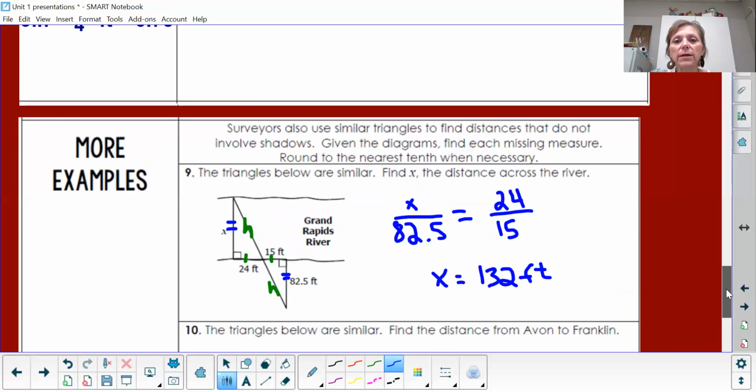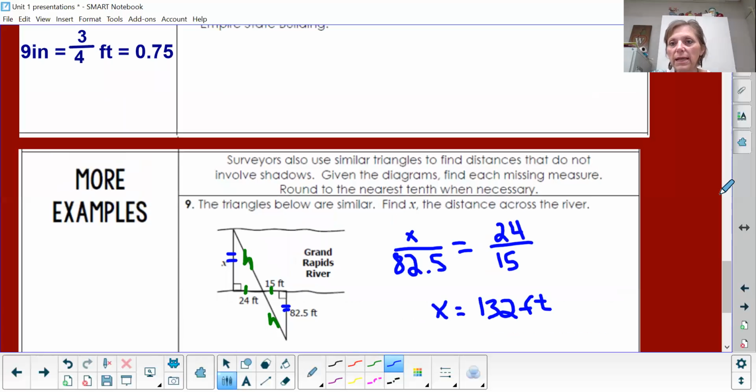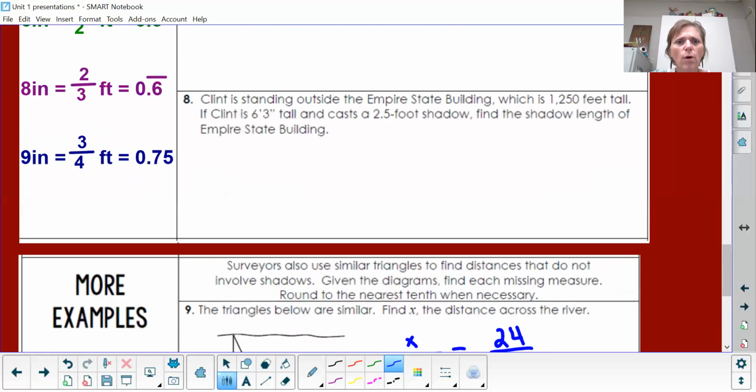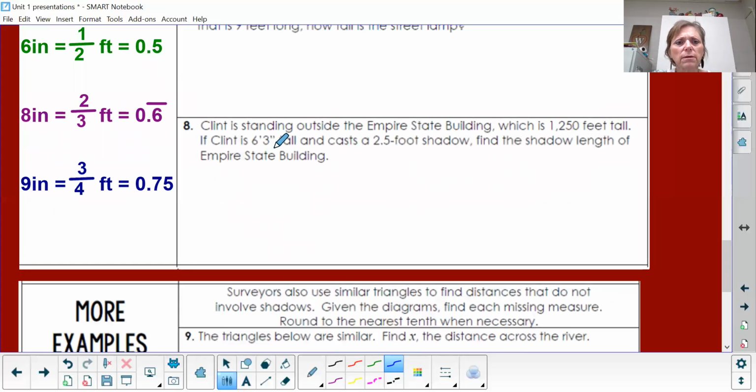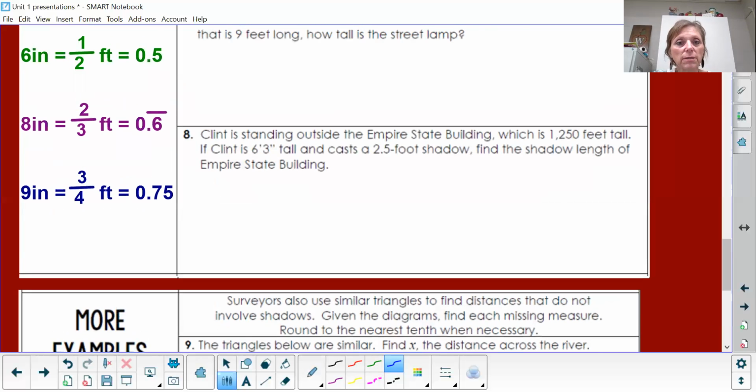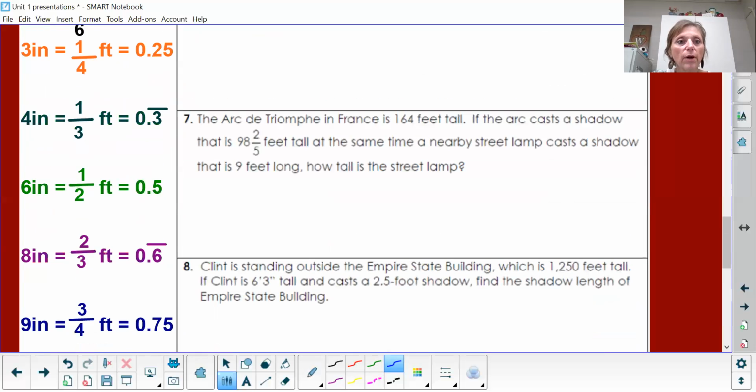Okay, now I want to slide up because I do remember kids in class having a question about something. Okay, do you see this 3 inches? Clint is 6 feet 3 inches tall. Okay, so I'm going to look up in my list for 3 inches. Okay, do you see 3 inches?